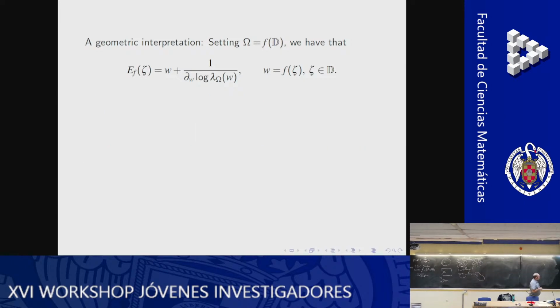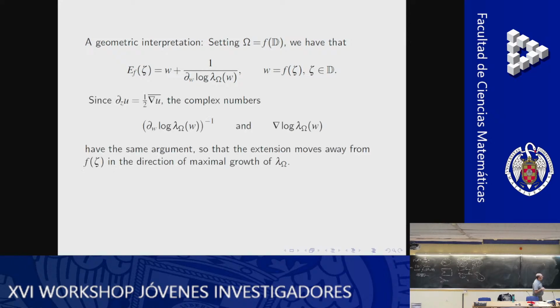Then the extension, sorry, let me just be clear with this. I usually write z for points outside, and I take the reflection to be zeta inside. The extension can be seen as follows. W, which is the value of f at that point zeta, plus 1 over the analytic derivative of the logarithm of the hyperbolic density of the target domain.